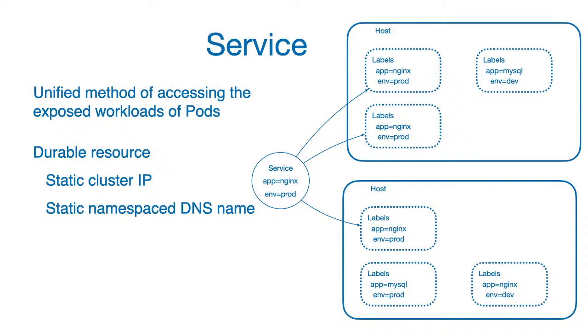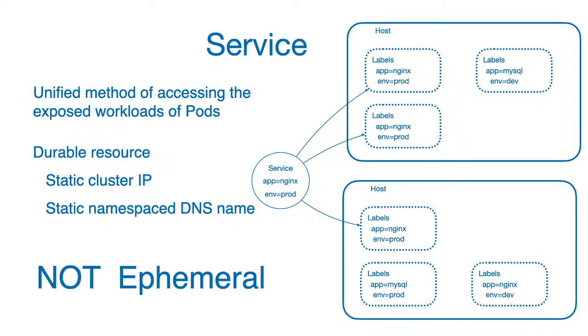So whenever traffic from outside hits the service, it will be sent to one of the pods behind it with the same label. And services are not ephemeral, so if anything happens to a node, services will still stay up as they run on every node or at the cluster level.